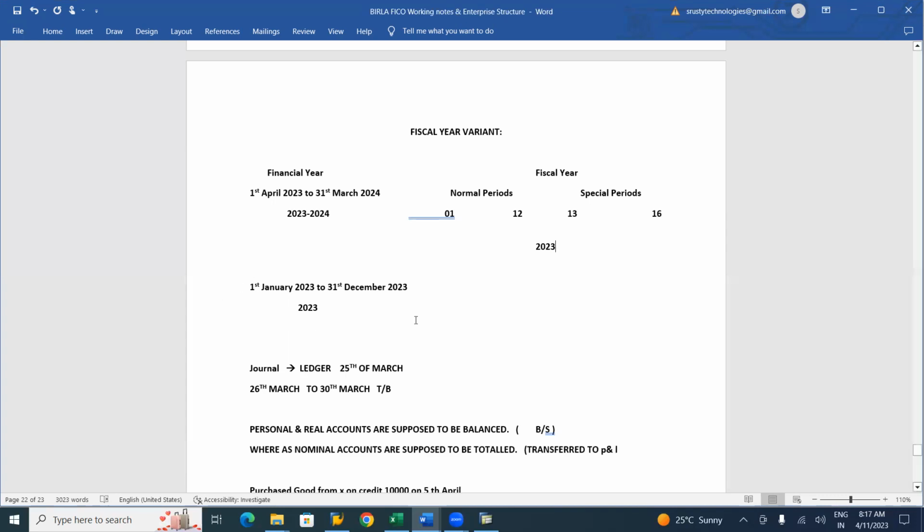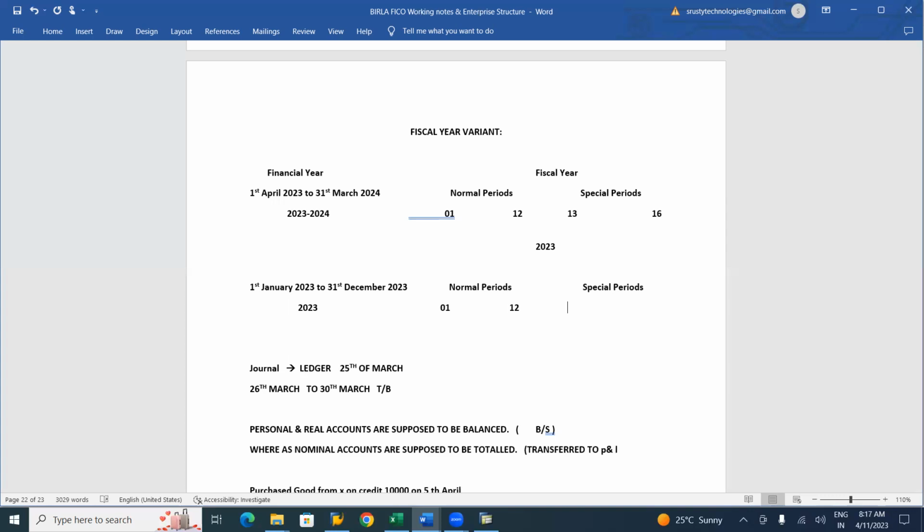And here also the same thing, January to December. It will follow the calendar year. So this is called a non-calendar year and this is called a calendar year. Normal periods: January is the first period and December is the 12th period.